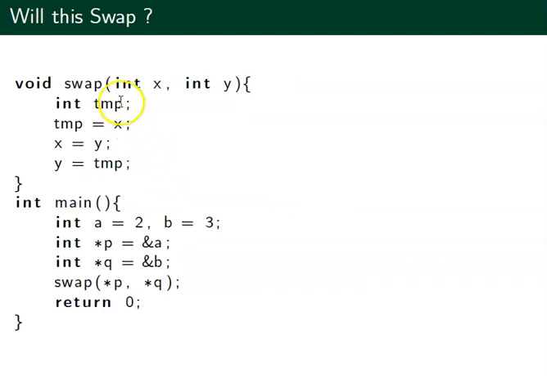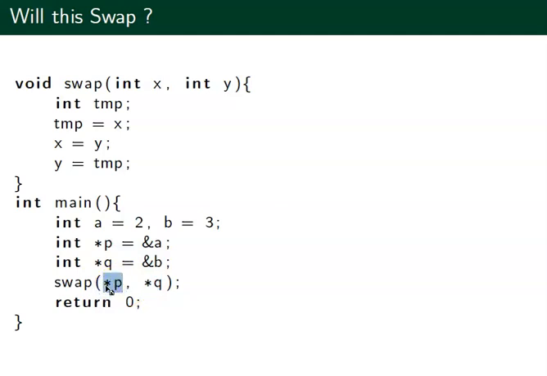In this case, we still have pointers. I still initialize two pointers, P and Q, with the addresses of A and B. However, take a look at this swap. This swap actually takes as arguments two integers, and from here, I actually send the result of dereferencing P and dereferencing Q. So although P and Q do hold addresses, what did I choose to send?